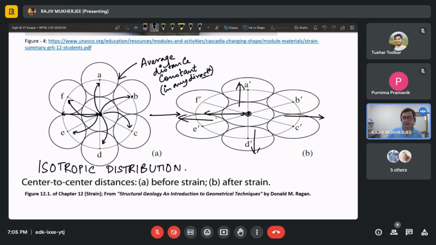So there is a preferential distribution of these average values. In some direction they are higher than the normal, and in some direction they are shorter or lower than the normal. So there is a directional preference that we see.